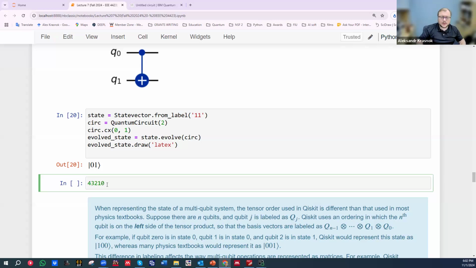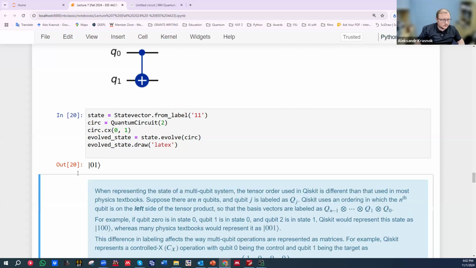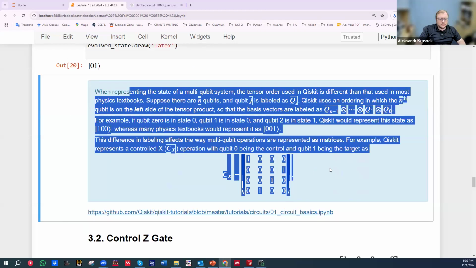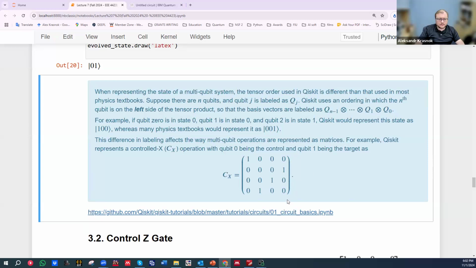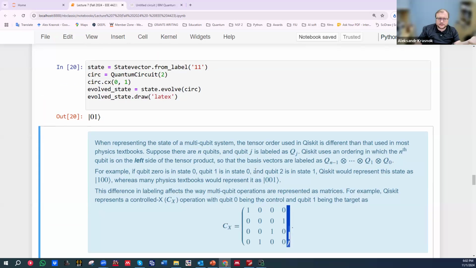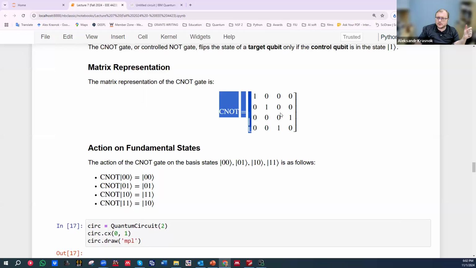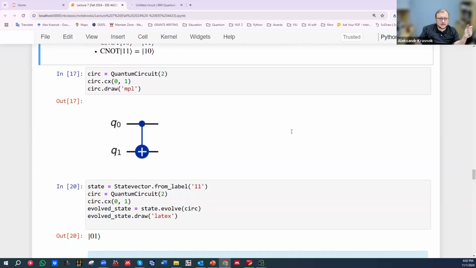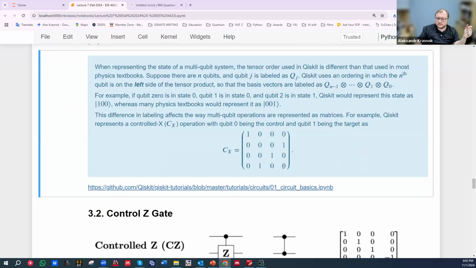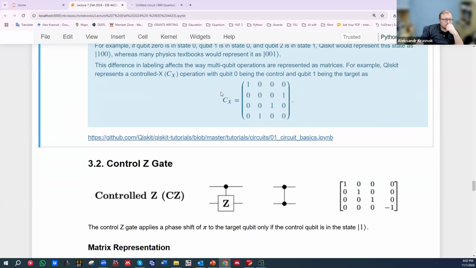So it's from right to left. This is a difference that is useful to remember, and I took this note from their website. Okay, discussing this fact, and as a result, the actual matrix for the CNOT operation is not this one, but this one. Okay, so it's a little bit different.